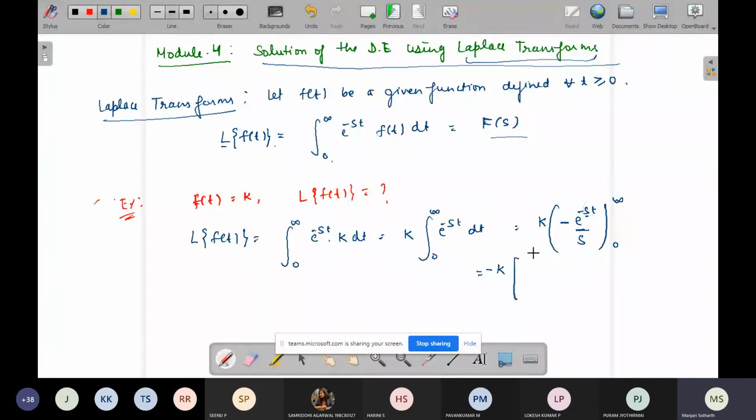You can take the minus outside. Because of the limit, we cannot directly put infinity; infinity is not a number that we can substitute in any place. Infinity means we are approaching infinity, so instead we write limit t tending to infinity of e^(-st).